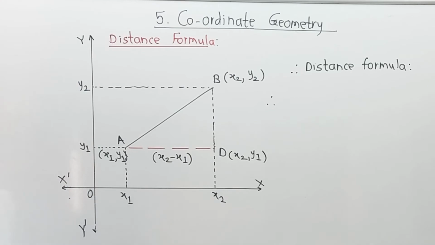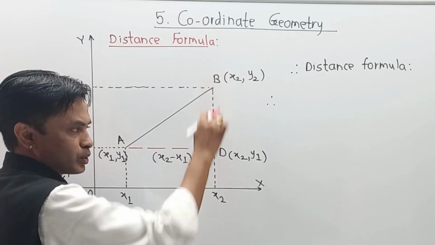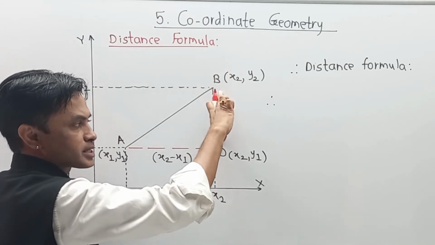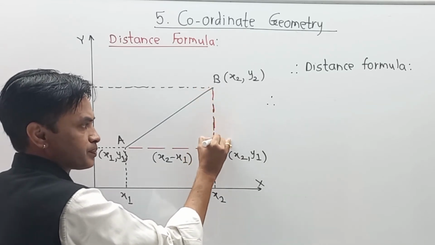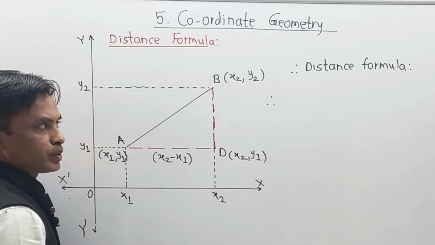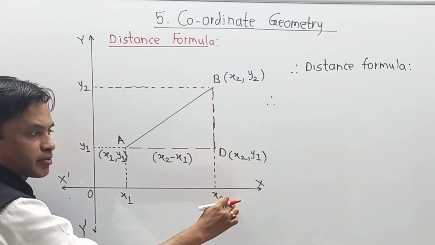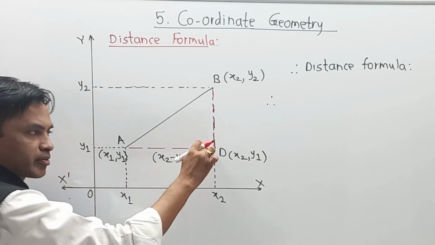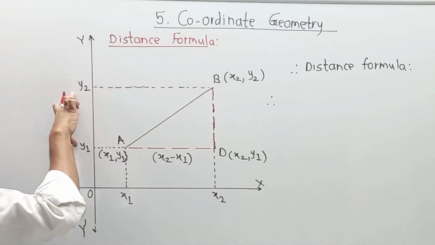In the same way, we can measure the other part. If I talk about B to this line, I am interested in calculating the distance BD. From here to here, this distance is y2, and this distance is y1, so the distance between them is y2 minus y1.